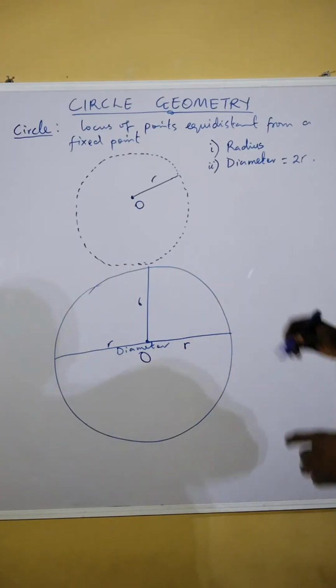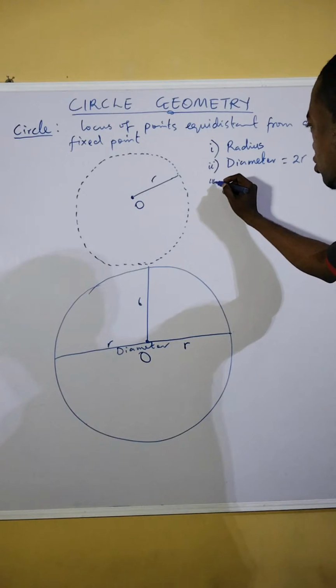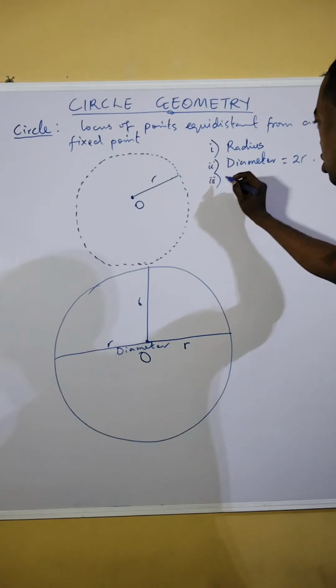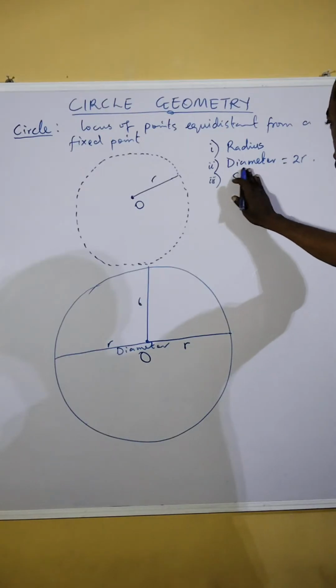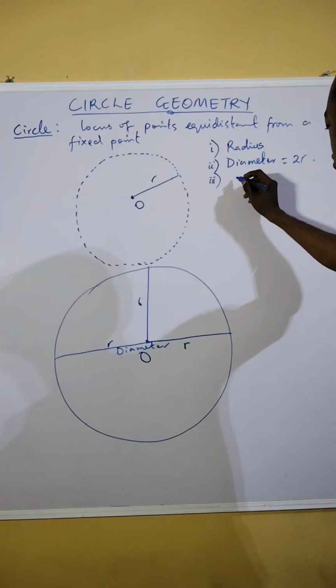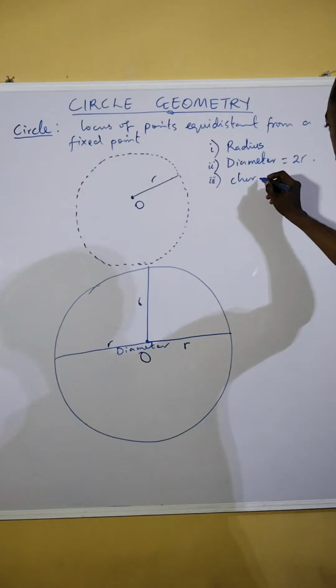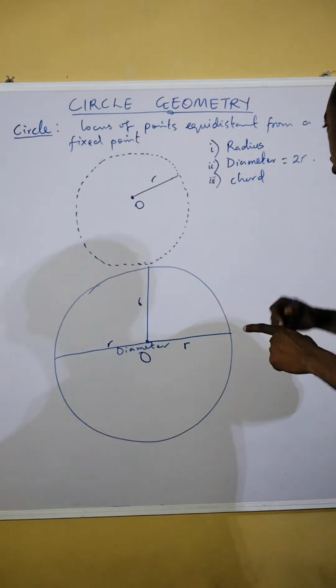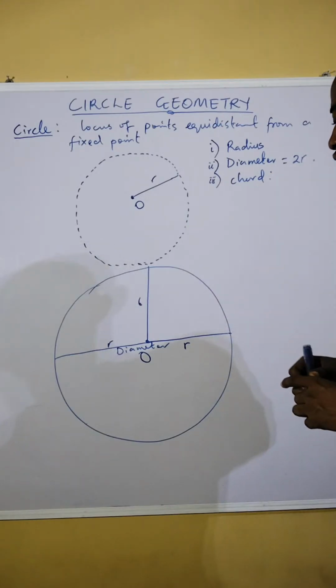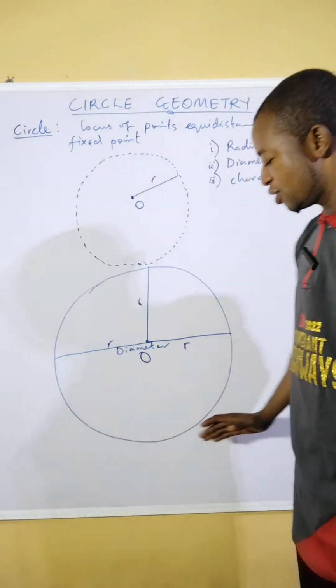Then next, we should be able to recognize what is called a sector. Before a sector, let's look at what a chord is. A chord is just a line that is drawn touching the circumference at both sides.